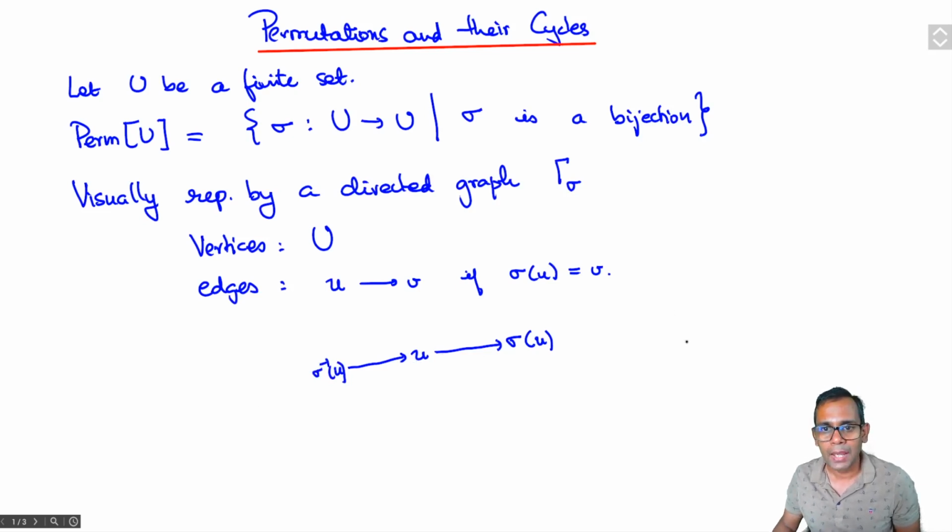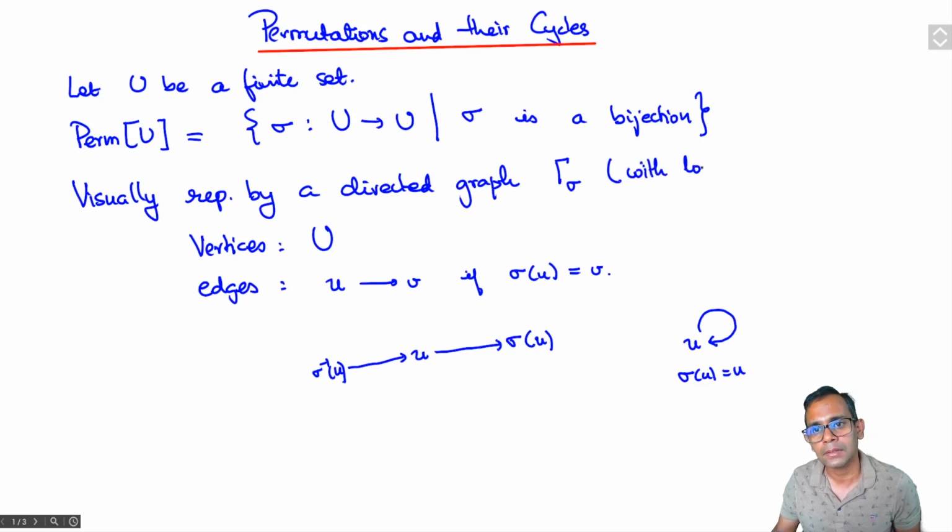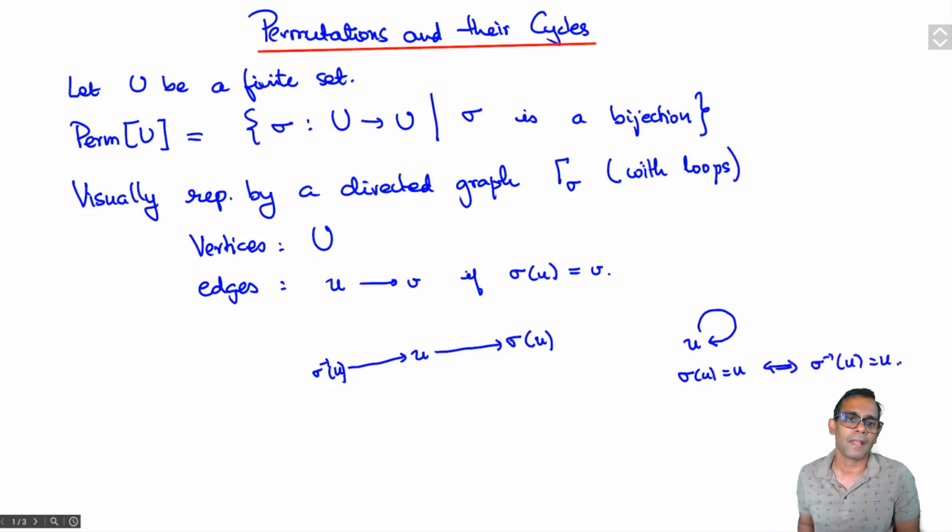Of course, it's quite possible that sigma of U is equal to U, in which case this edge is a loop, and this is of course equivalent to sigma inverse of U being equal to U. So it's a graph where loops are permitted, and every vertex has a unique out edge and a unique in edge.